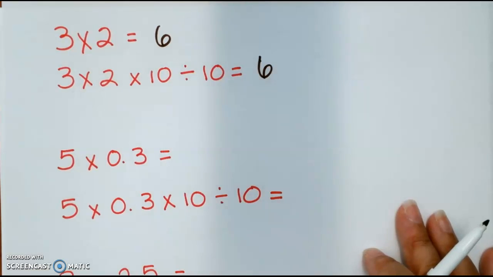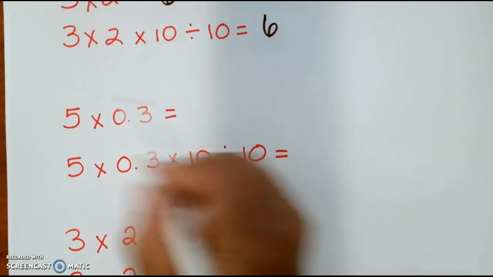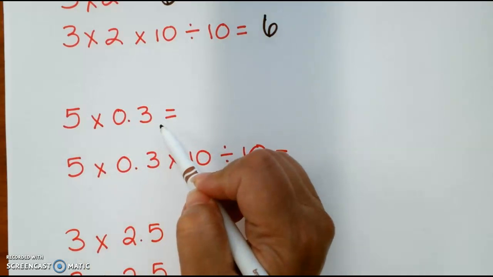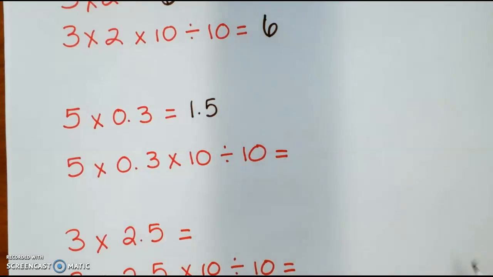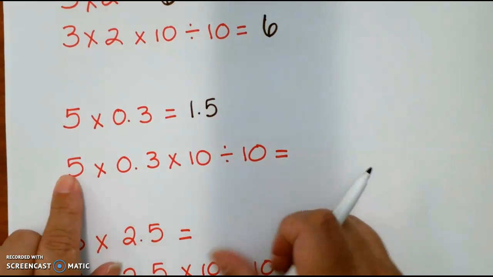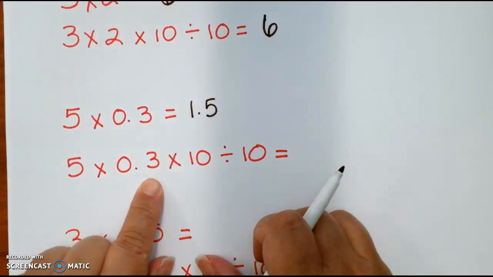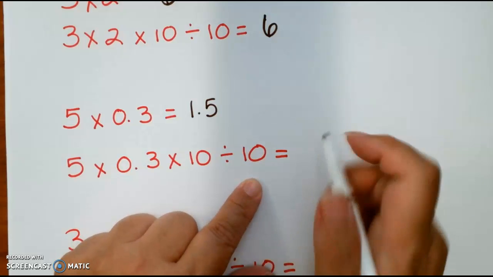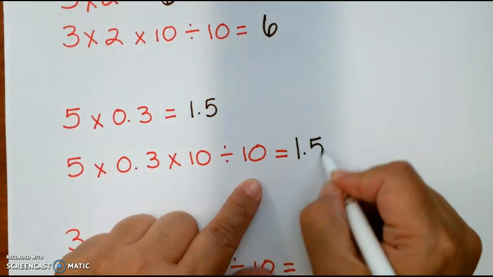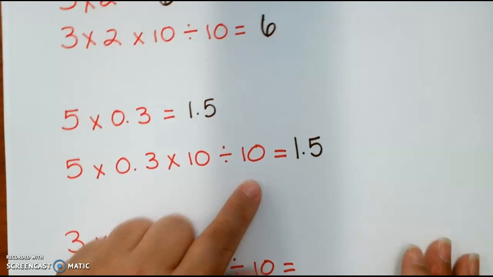I started. So now I have 5 times 3 tenths, which would give me 1 and 5 tenths. And if I multiplied 5 times 3 tenths, and then I multiplied that by 10 and divided it by 10, I still have 1 and 5 tenths.